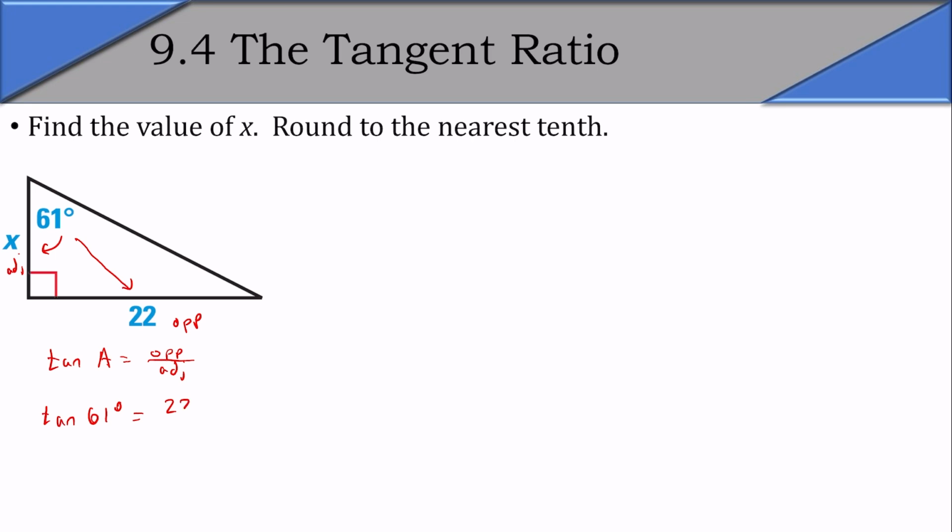The opposite is 22, and the adjacent is x. What we're going to do next is turn this into a proportion, so I'll put it over 1 and cross multiply. X times tangent of 61 equals 22. Then since it's x times tangent of 61, we'll divide by tangent of 61.